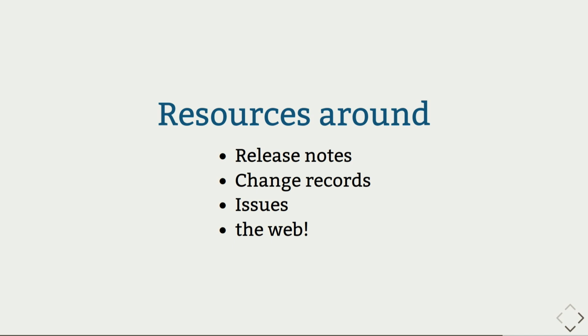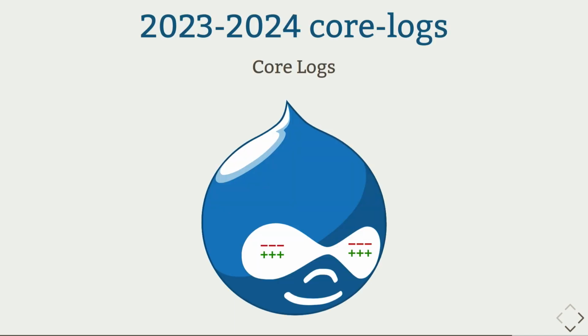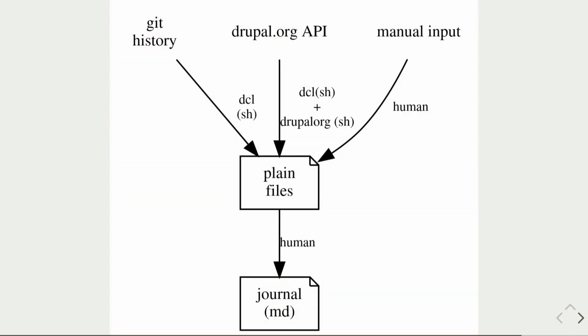And the current effort that I have been trying to do is this core logs, which is a different thing from the analyzer that I mentioned. Now I have taken a really simplified approach. I'm just reading the Git history, but since we have the Drupal.org API, I'm also retrieving information from the issues and adding some manual input.